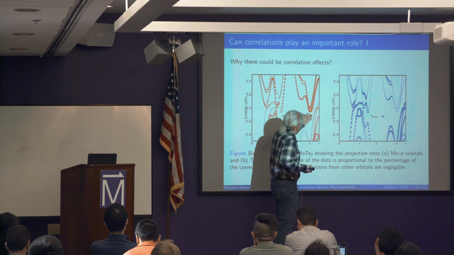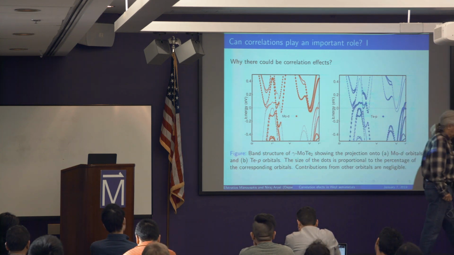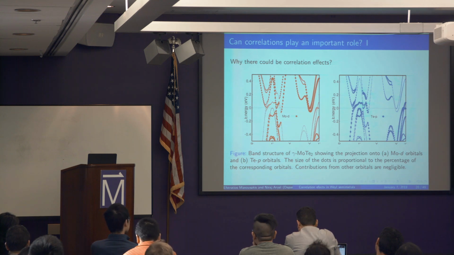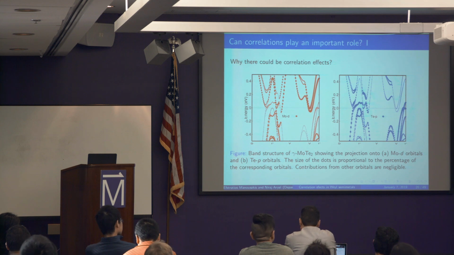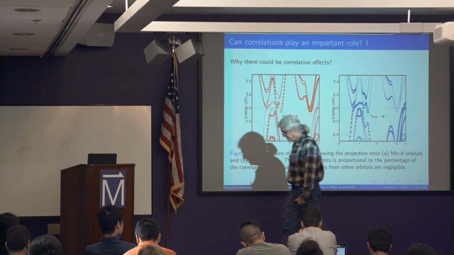So on average, this state is going to be pushed up, even if you don't do any calculation. So that might be a way of explaining why we had to push things up and down to make the agreement with experiment. But let's be more quantitative.